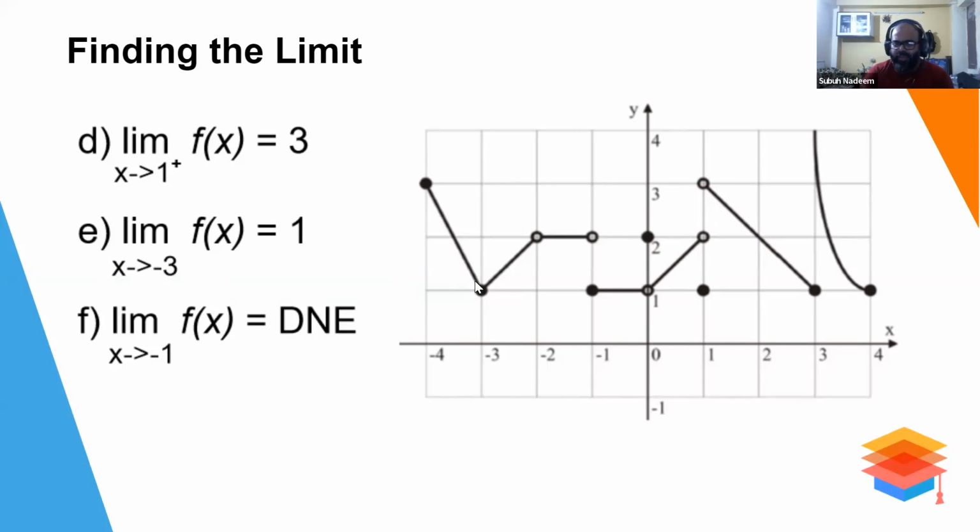Now move it to the right, very, very close to 1. If you move this horizontally close to -3, it will move vertically close to 1.